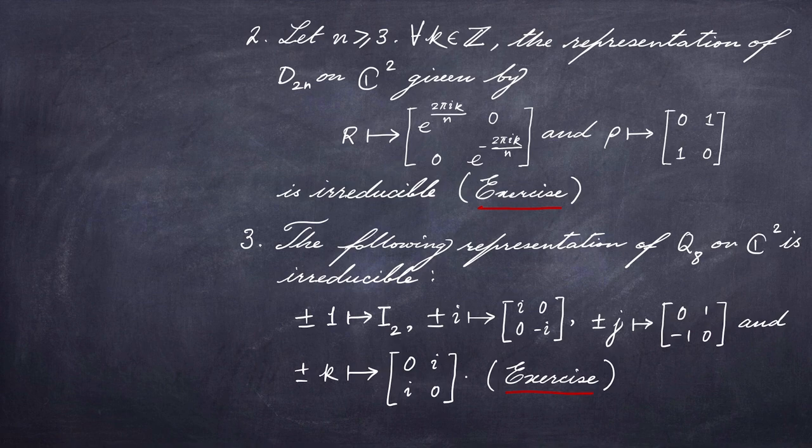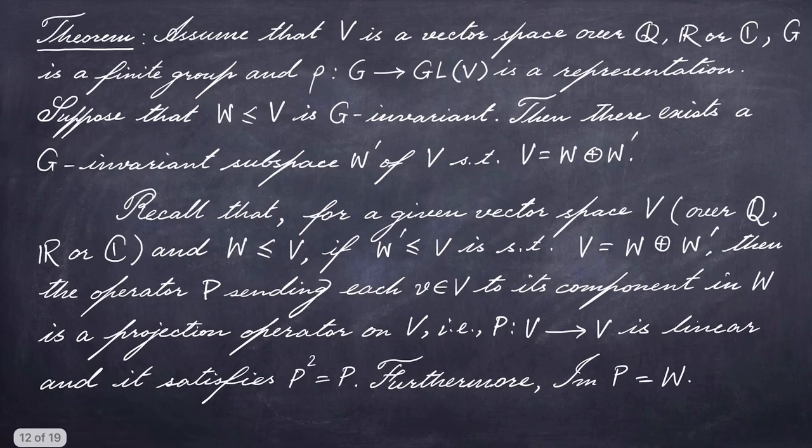Next we talk about another irreducible representation. It's a representation on the same vector space C^2, but here the group is the group of quaternions. This representation is also irreducible, which you may take as an exercise.